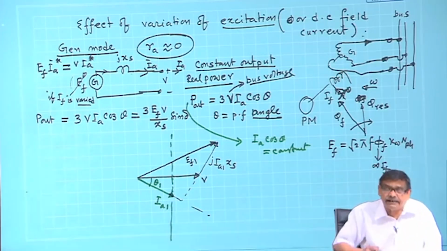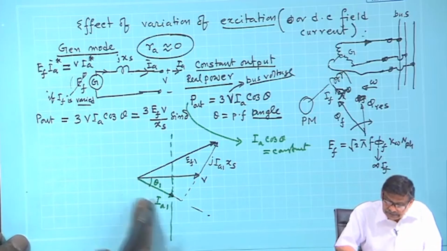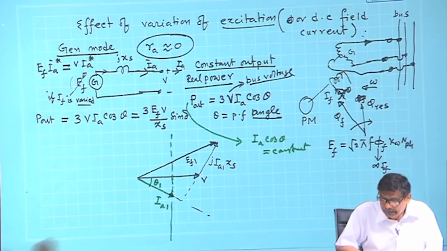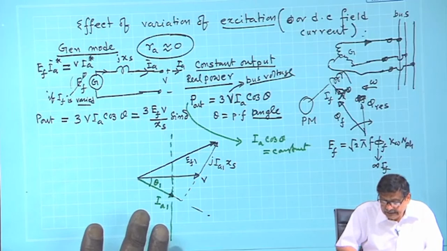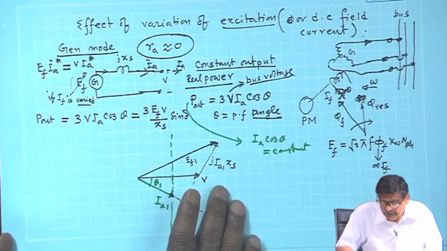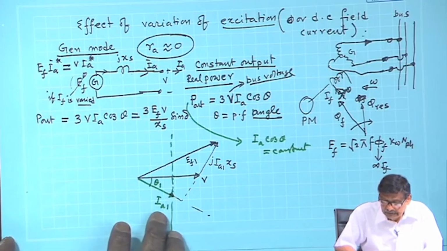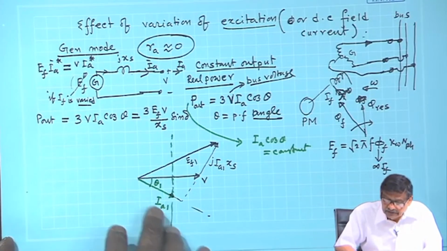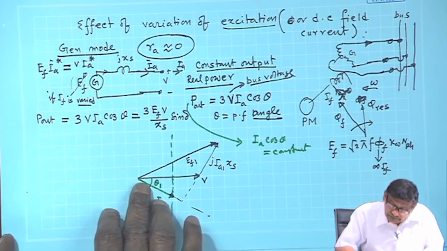At some field current I_F1, I found that the machine is operating as a generator and supplying a lagging power factor load, delivering a current of I_A1 at a power factor angle of theta 1.